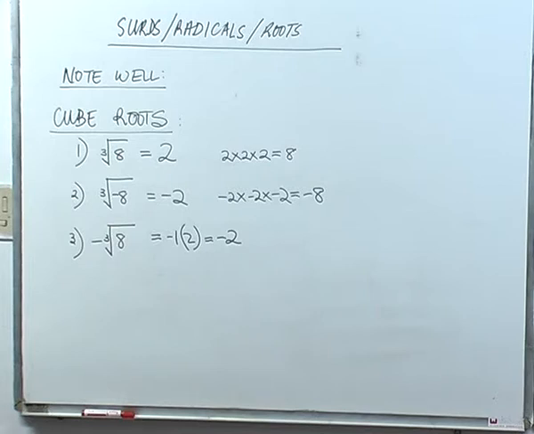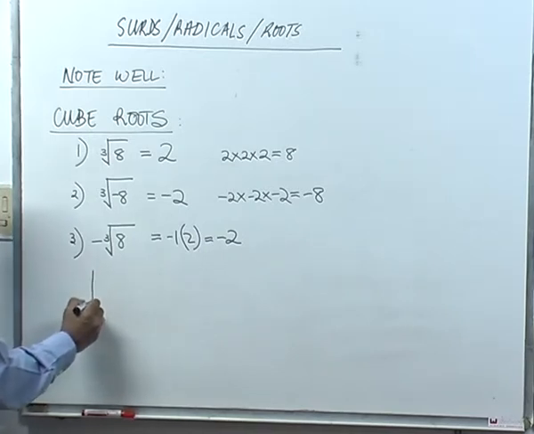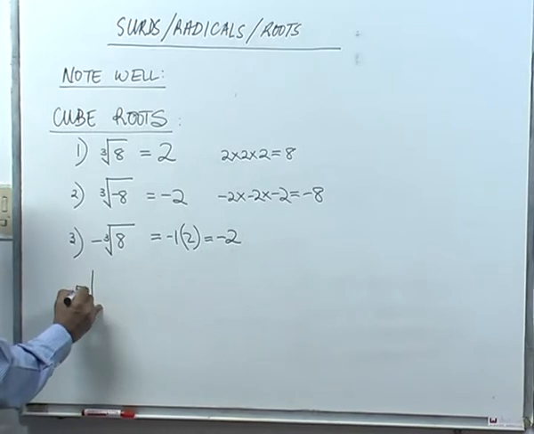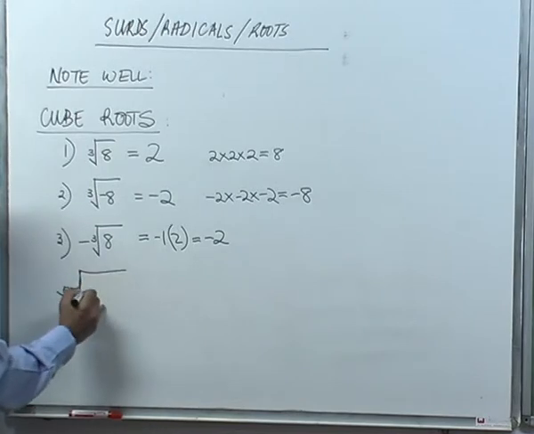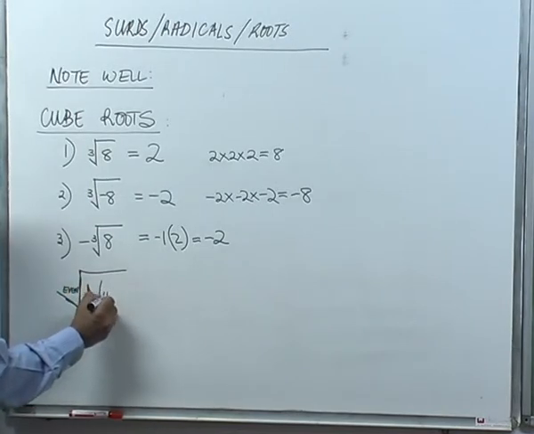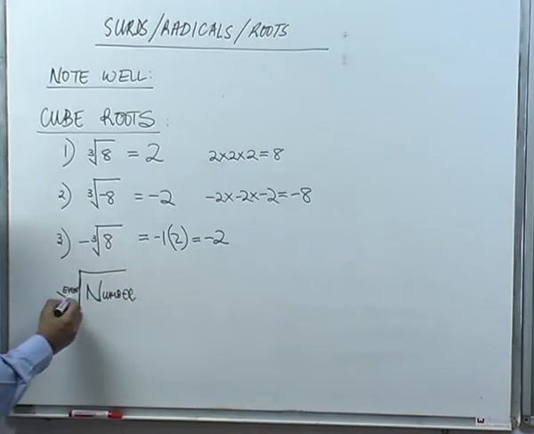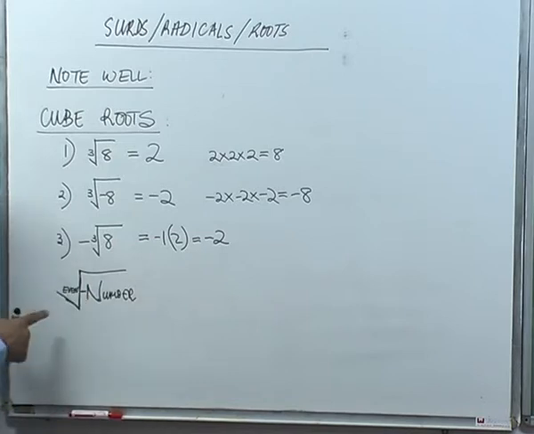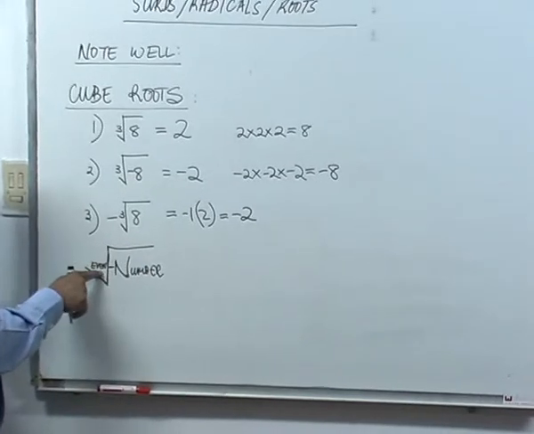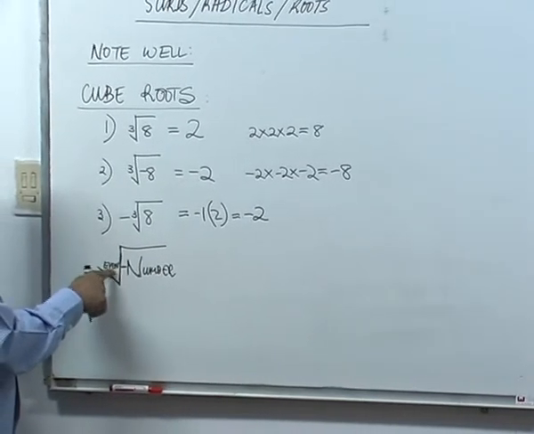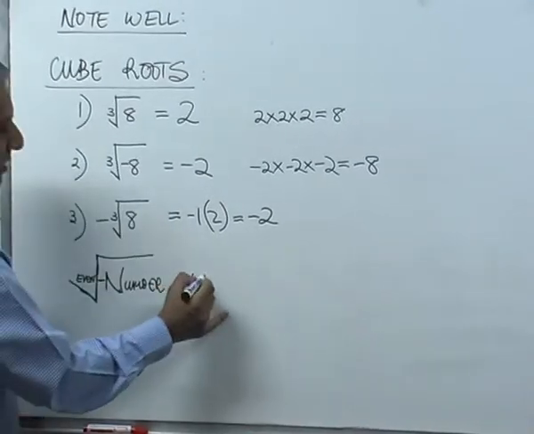So, in summary, if the root index is an even number and the number under the root is negative, then it is unreal.